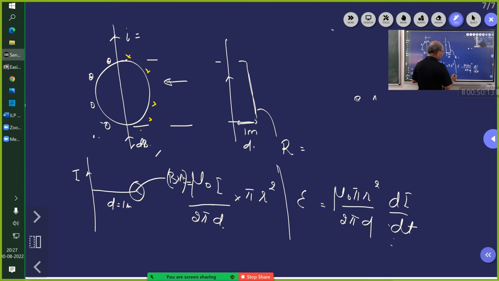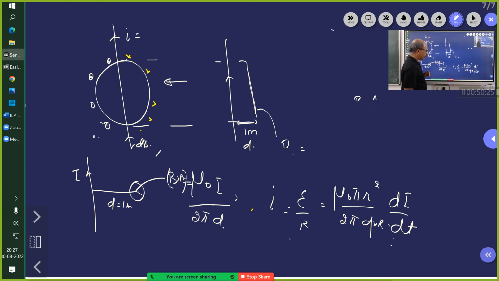So if you divide the EMF by R on both sides, you are going to get the current. The equation is given, so differentiate it to get dI by dt, substitute there, and then you are going to get the induced current.